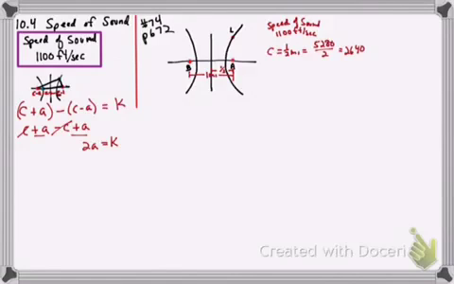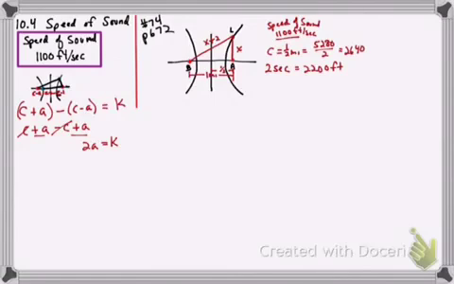And then we also have our A, because if the speed of sound is 1100 feet per second, and the difference between A hearing it and B hearing it is 2 seconds, so if that's x, this would be x plus 2. 2 seconds will equal 2200 feet.